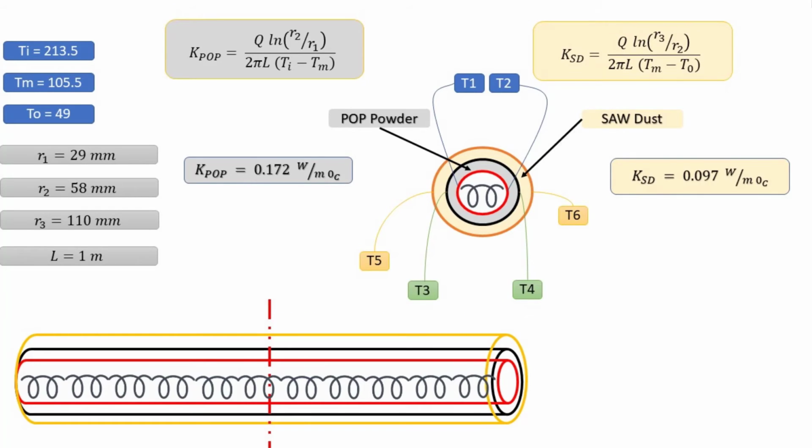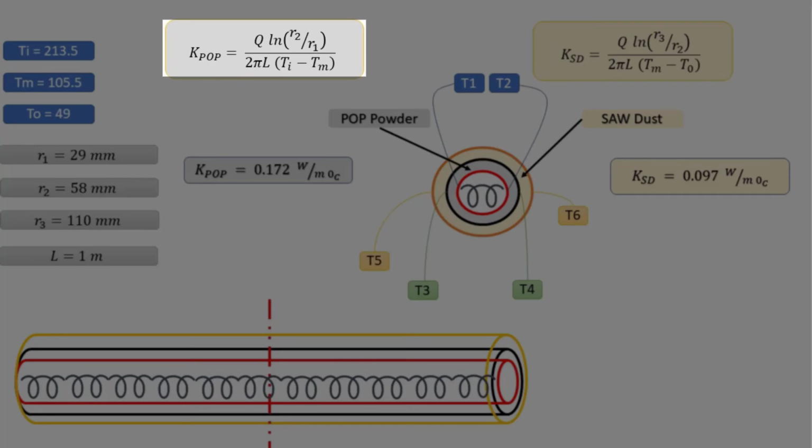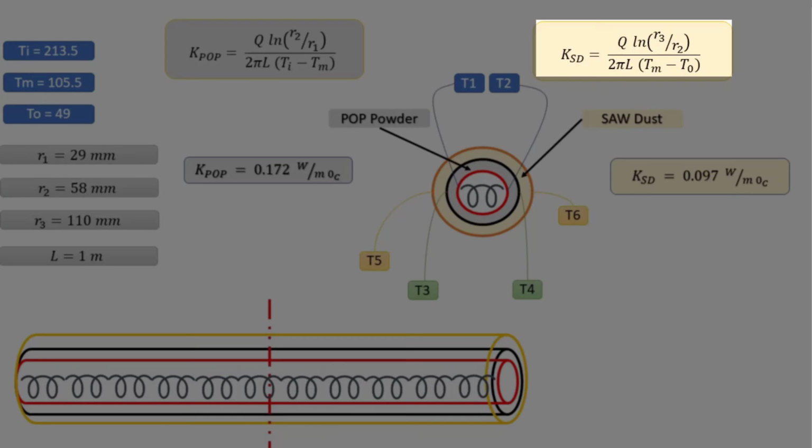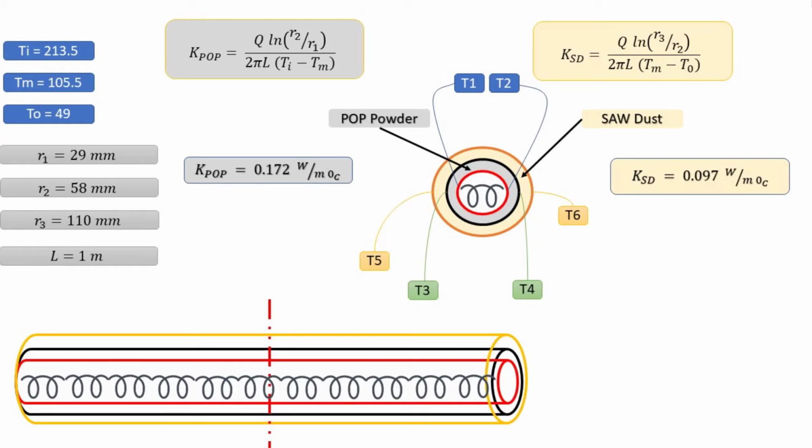Now from the theory portion we know the equations for conductivity. To find the conductivity of POP powder we can use this equation, and to find the conductivity of sawdust we can use this equation. We know the values of all the fixed parameters like radius and length.